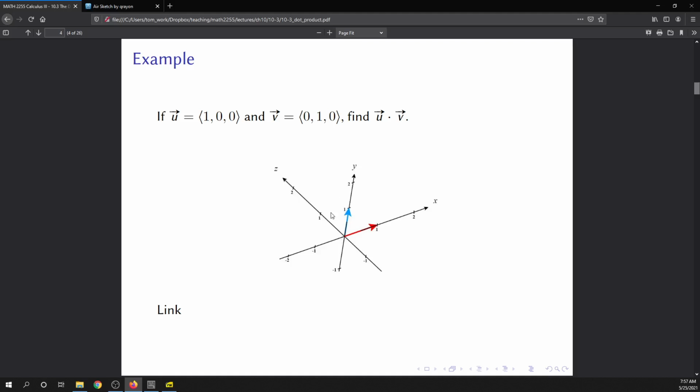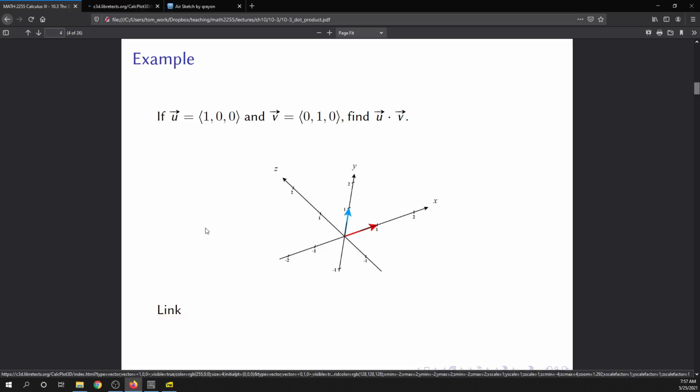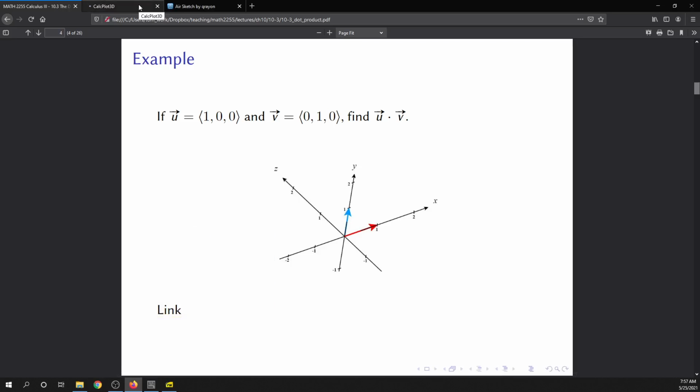Okay, so let's take a look at this example here. We have a vector u, 1, 0, 0, and a vector v, 0, 1, 0. We want to find the dot product of those two vectors. And so let's take a look at this in a new tab.